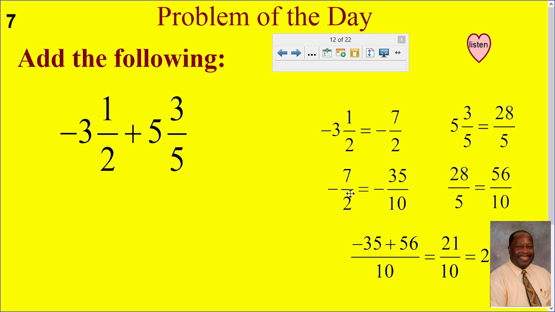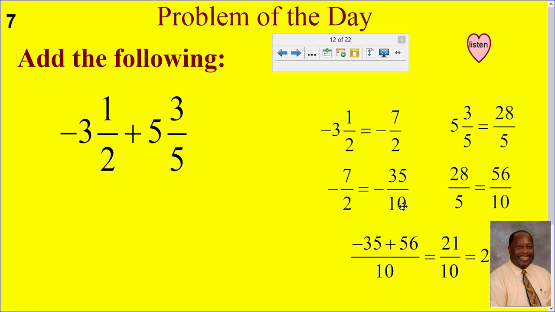So now I'm going to change -7/2 into -35/10, which is negative, by multiplying top and bottom by 5. I'm going to do the same thing over here, change 28/5 to 10, by multiplying both of the top and bottom by 2. 2 times 5 is 10. 28 times 2 is 56.